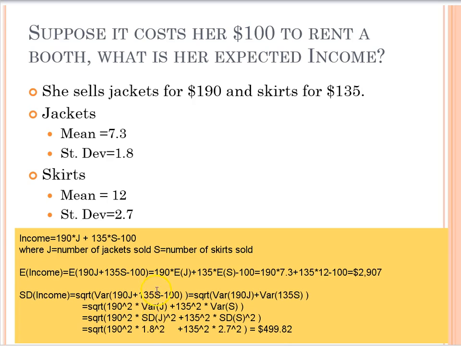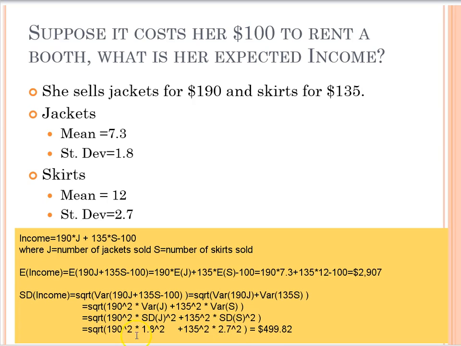So that's all I'm doing, plugging in that relationship. And the same thing for the skirts. The standard deviation is what's given to us, so we can plug that in for jackets, which is 1.8, and for the skirts, that's 2.7.